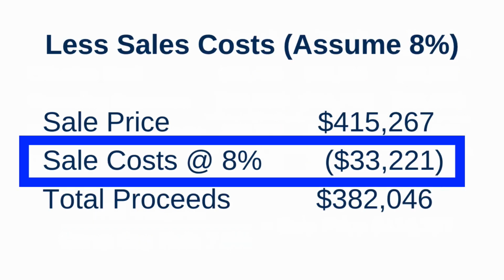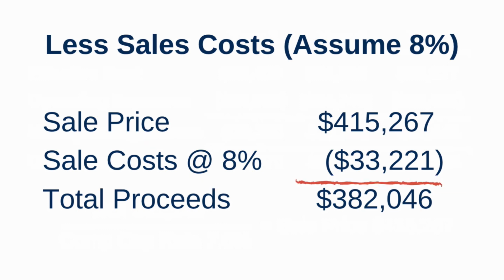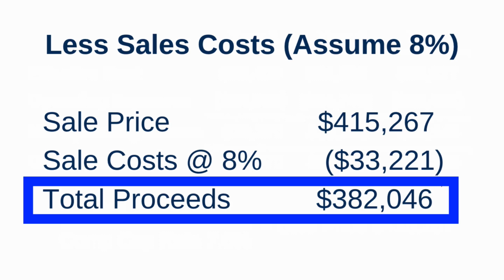That includes 6% for brokerage fees, 1% for transfer taxes, because in this market, transfer taxes are actually 2%, but they're split evenly between buyer and seller. So the buyer pays 1% and the seller pays 1%. These customs may be different in your market. And then I threw in another 1% to cover notary fees and things like that. After you subtract that 8% out, you're left with total proceeds, or total cash flow from sale, of $382,046.